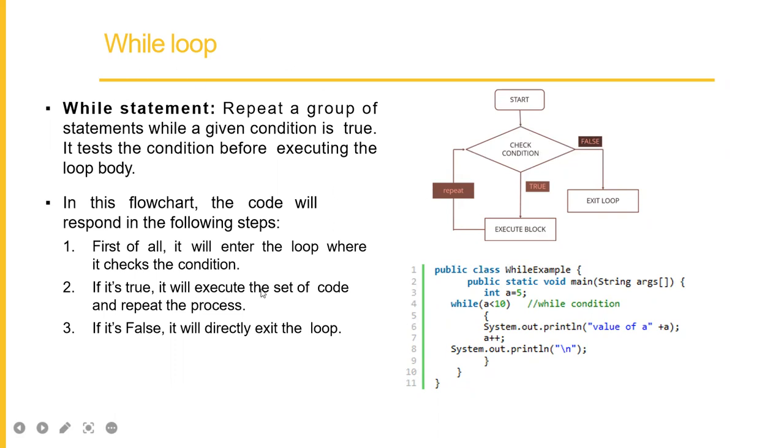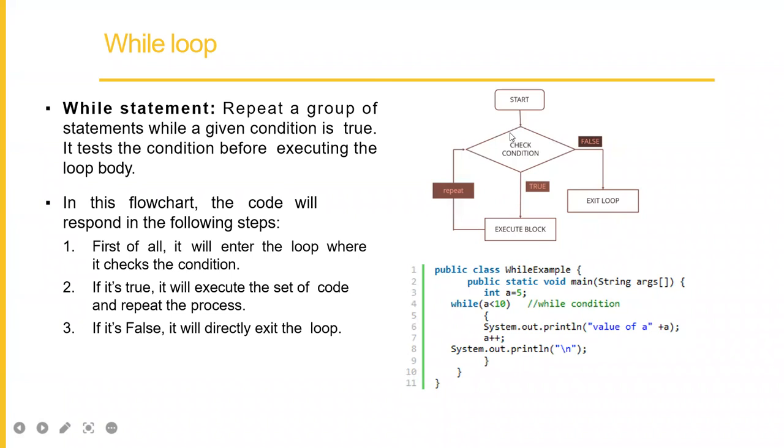And this while loop is called an entry control loop. Keep in mind, while loop is called entry control loop. Why is it called an entry control loop? Because if the condition is true, then the body will be executed. If the condition is initially false, then it will exit the loop.